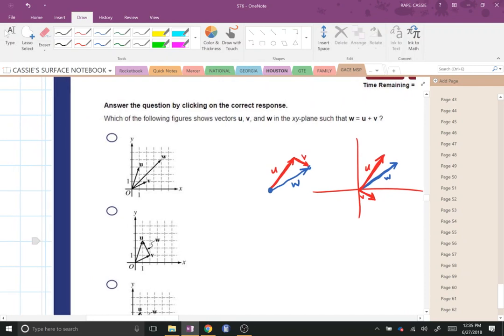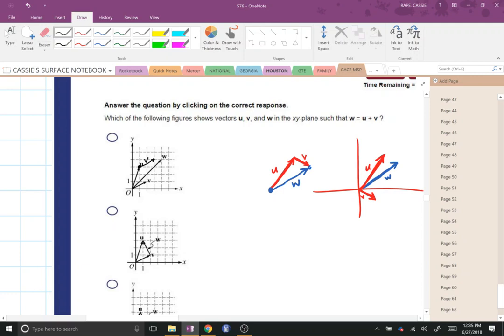So what I'm going to do is this. If you look at u, v, w right here, v goes, I'm going to use the slopes, up 1 over 2. So from the ending point of u, if I go up 1 over 2, that's where v would be.